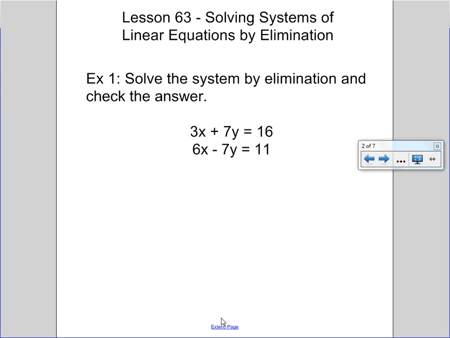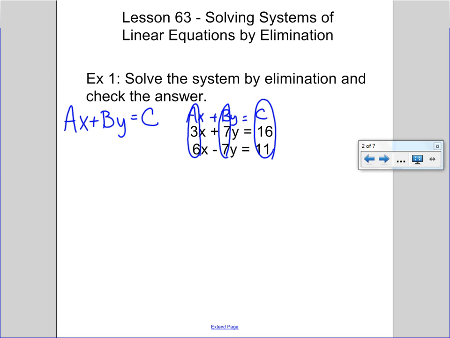Whenever we do this, we always want to set up our equations in standard form. Standard form, remember, is ax plus by equals c, where a, b, and c are all constants or numbers. So as you can see, these are already set up: ax plus by equals c. These are all constants. Okay? So we want to make sure that we have it set up in the right format.